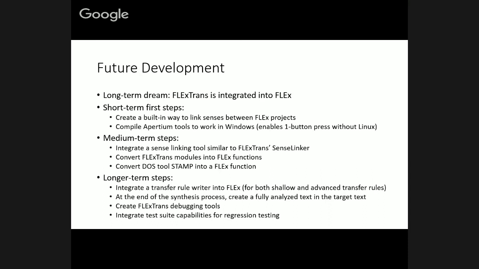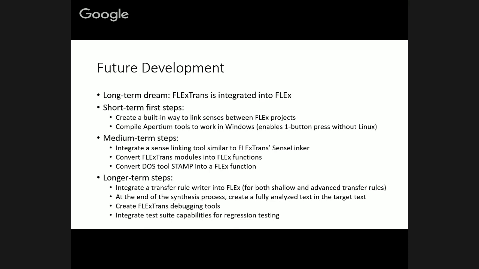Also, a short-term thing would be to compile the Apertium tools in Windows. And I probably need some of you smart compiler-type people who know how to compile cross-platform to get it working in Windows, and then we don't have to have this whole Linux box or virtual box there.